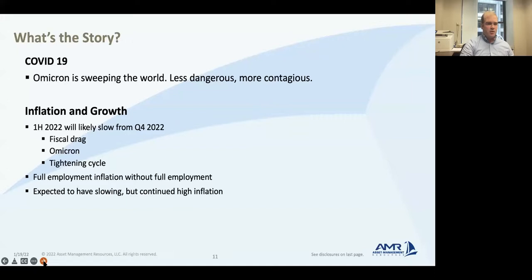There will be some multiple contraction. That's just a fancy way of saying we're going to have earnings growth, but it's not going to be 70% year over year or 35% quarter over quarter like we've been experiencing. And multiple contraction just means that if interest rates go up, if spreads go up, stocks will start to be valued at a more modest valuation.